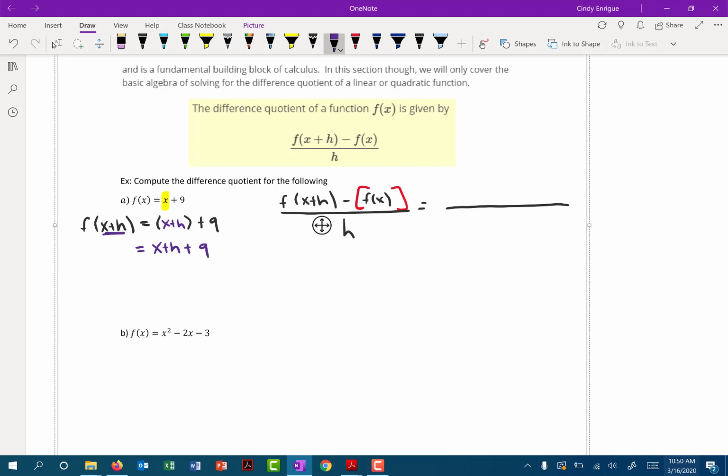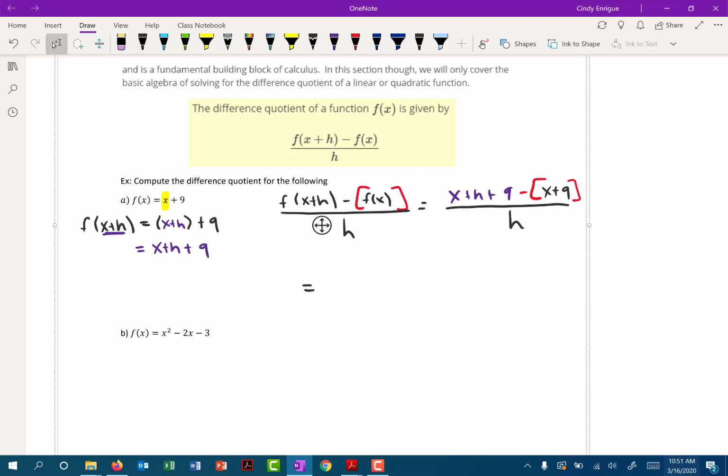So I know what f of x plus h is. That's over here. So I have x plus h plus 9. Now I have minus my entire f function. So my original function of f was x plus 9. And it's going to all be divided by h.